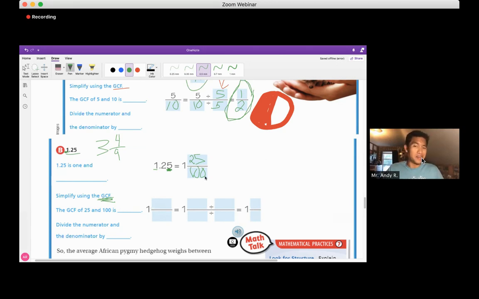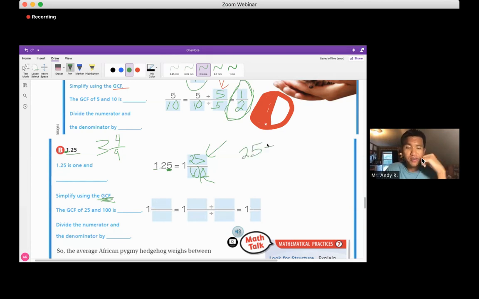We can make our list of numbers, but everyone remember, does 25 times something make 100? 25 times what equals 100? Yeah, 25 times 4 equals 100.